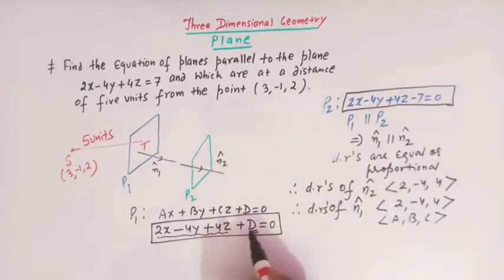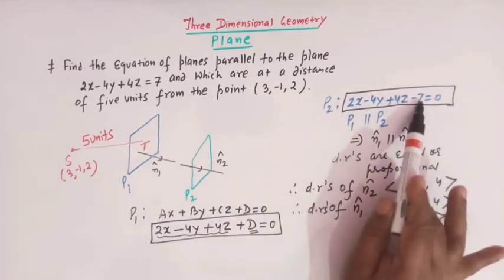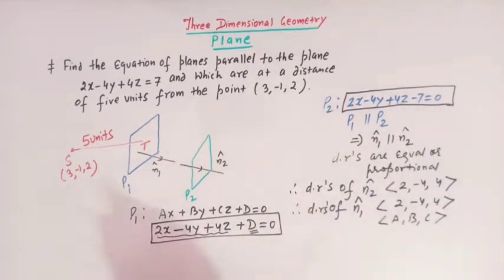Here the constant is d, and here the constant is minus 7. So we conclude that if two planes are parallel, then their equations differ only in the constant term.